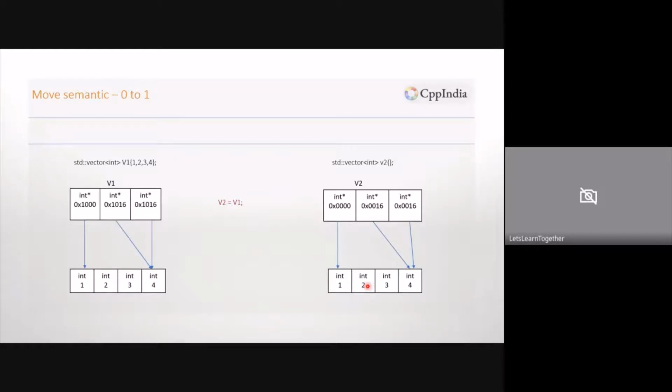Okay, so this is how we used to use this expression very much. But let's see, if we have a function createVector returning one vector, and we created v2, which is empty right now.